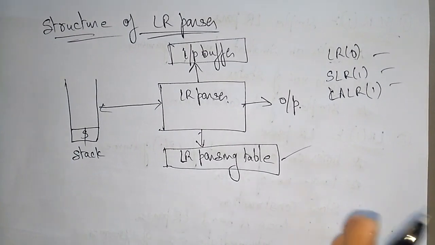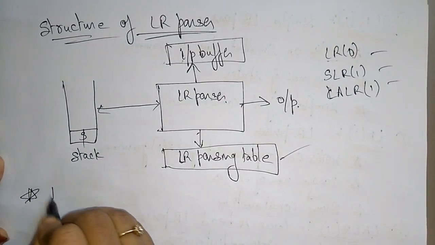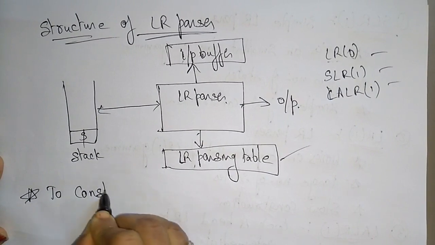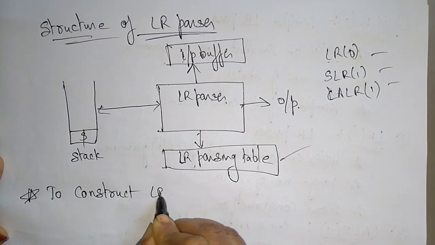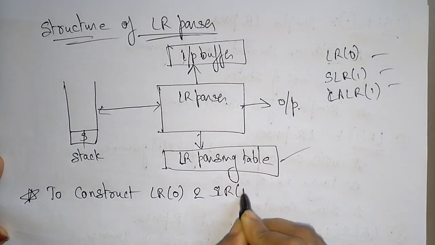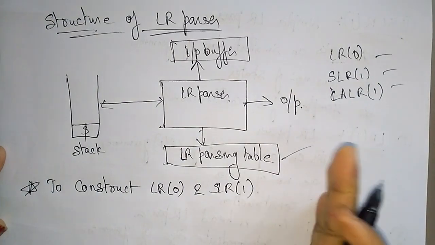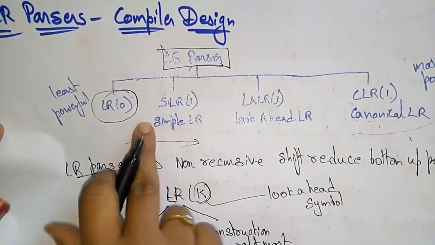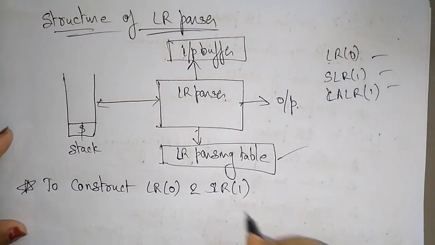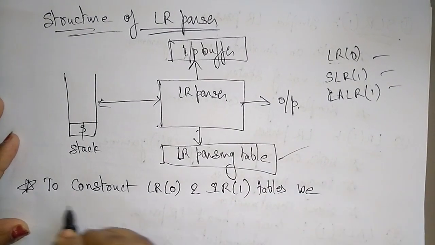So to construct LR of 0 and SLR1 tables, we use canonical collection of LR0 items. So these points you just remember.